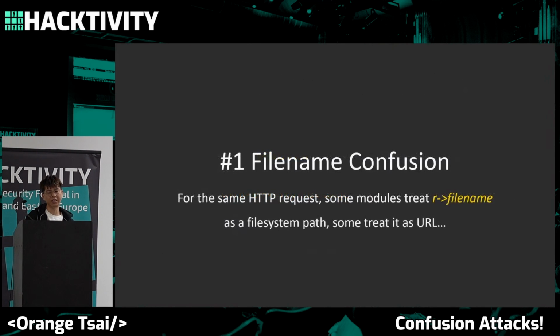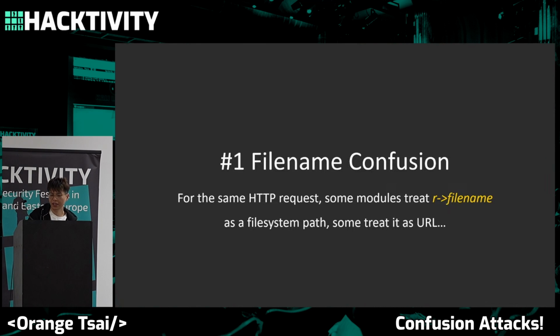So okay, let's go to our first attack. The first attack I would like to introduce is called the Filename confusion. The attack happens when different modules handle the filename field using different standards. Literally, the filename field should represent a file system path.